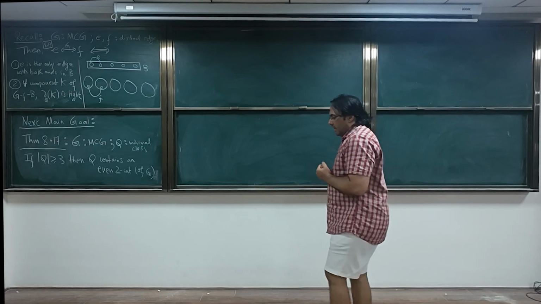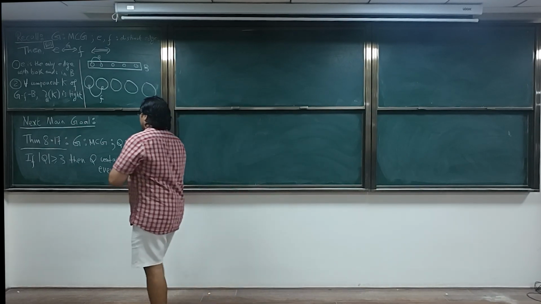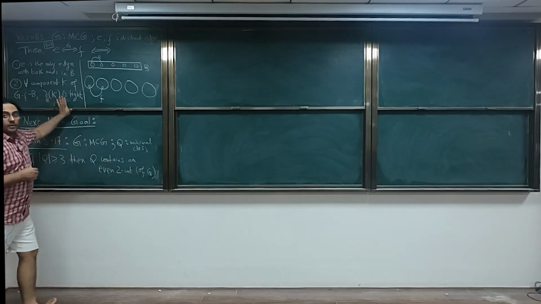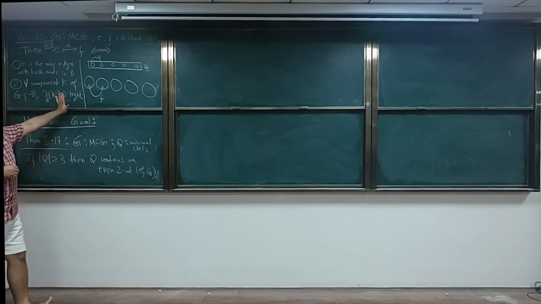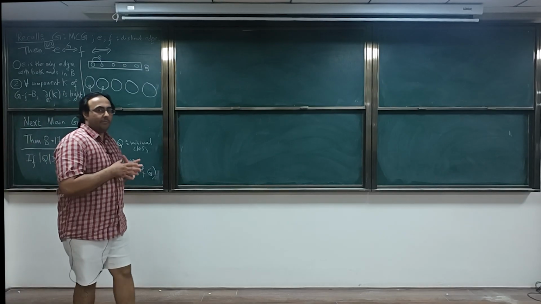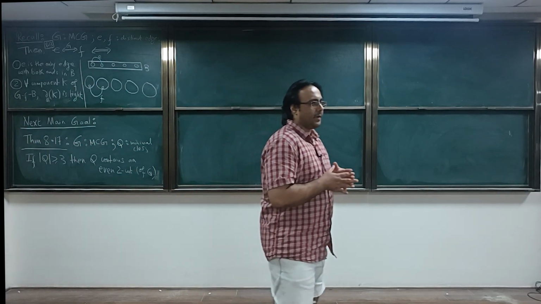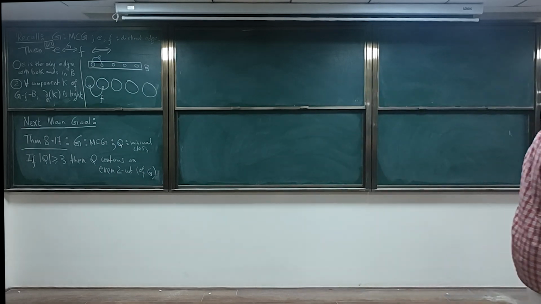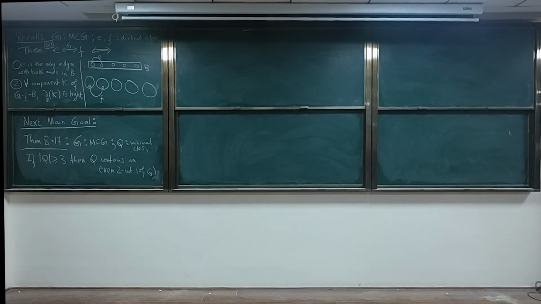Good. And this is going to be very useful towards our main result of this chapter, which says that if you have a minimal class of cardinality 3 or more, then that set of edges contains a pair of two edges that comprise an even two cut of the graph.